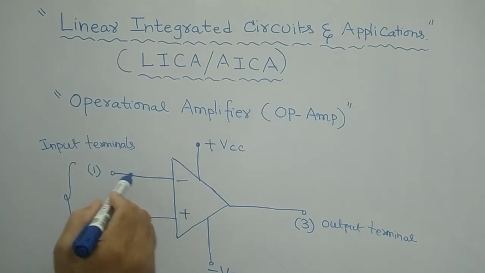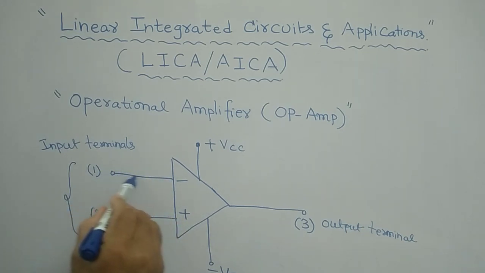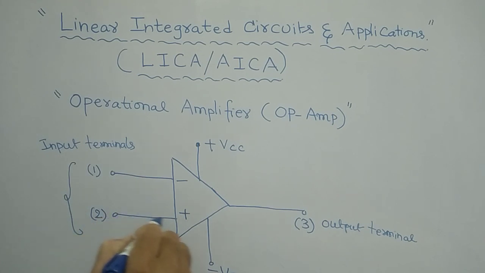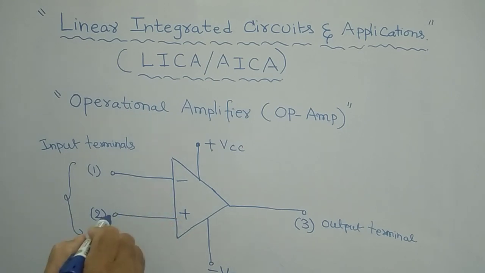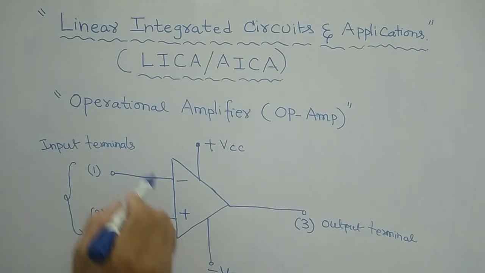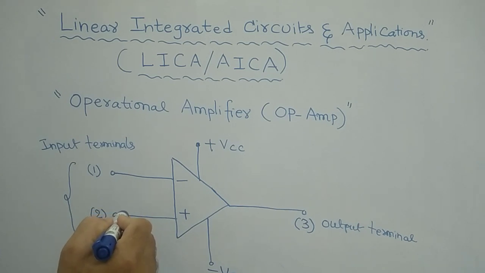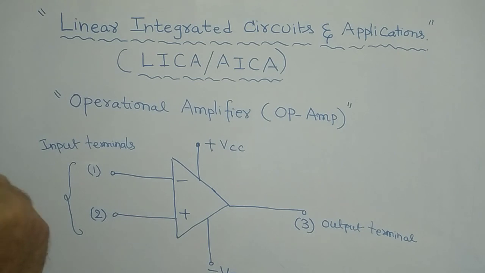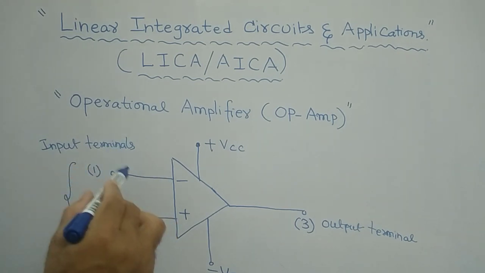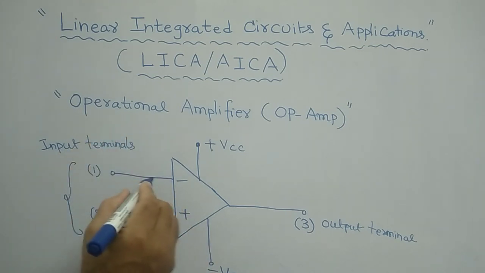As we can see here, this is terminal 1, one input terminal, and the second is another input terminal. The first input terminal is marked with the minus sign, and the second with the plus sign, so you can give an input to the negative terminal as well as to the positive terminal.